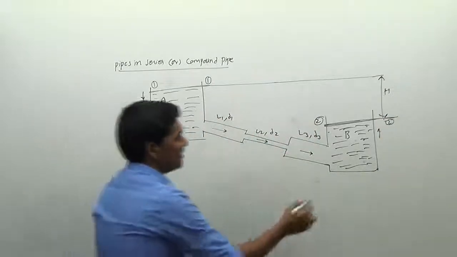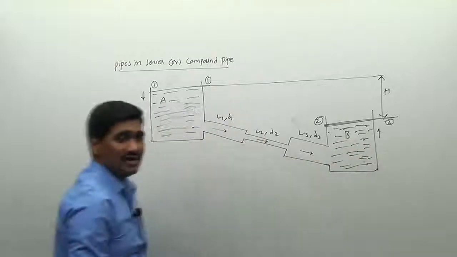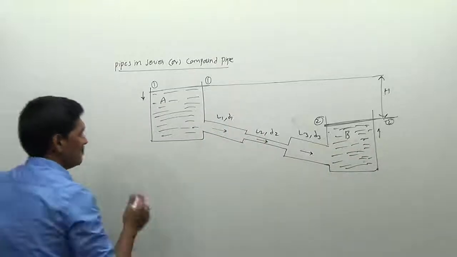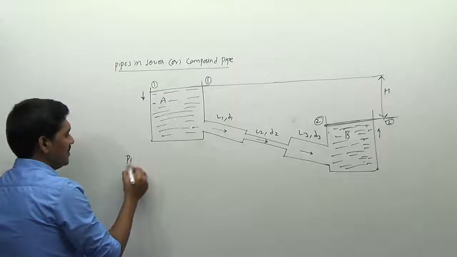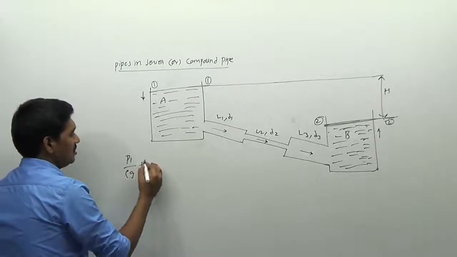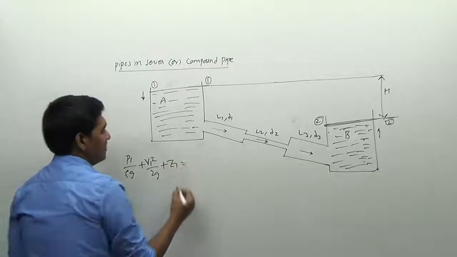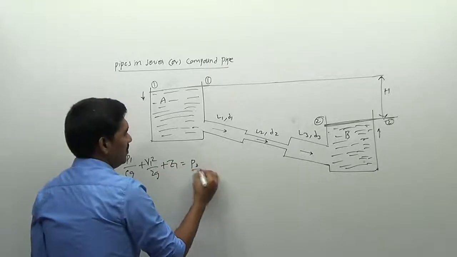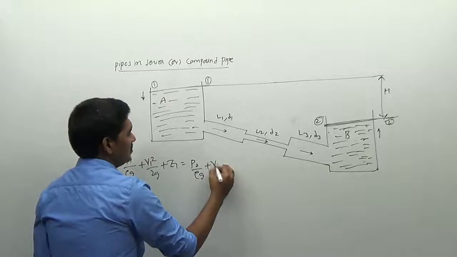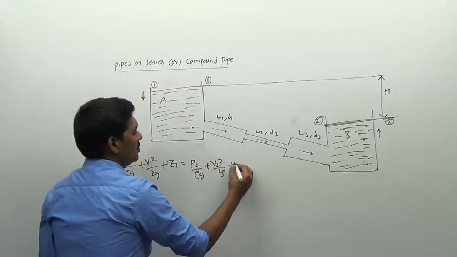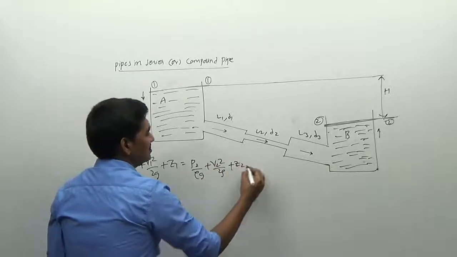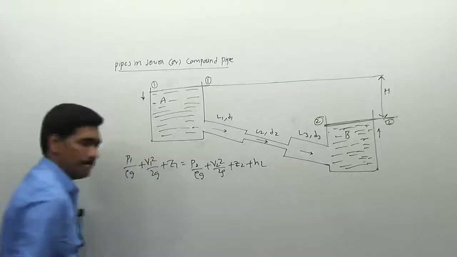So how can we apply the Bernoulli's equation? I am applying the Bernoulli's equation between these two. So P1 by rho g plus V1 square by 2g plus Z1 is equal to P2 by rho g plus V2 square by 2g plus Z2 plus head loss I can say.